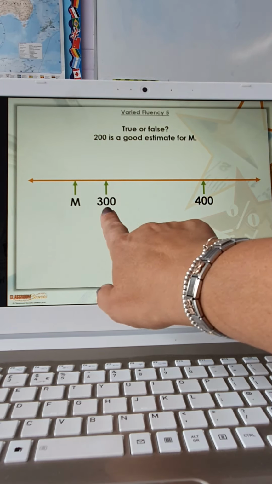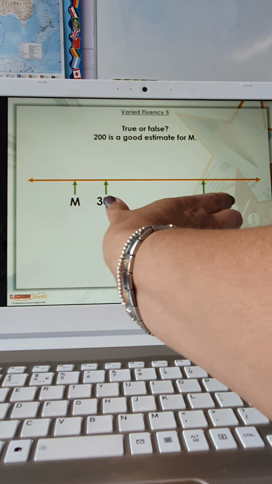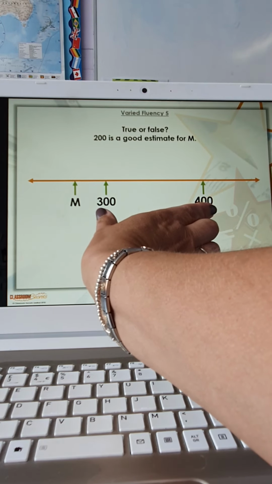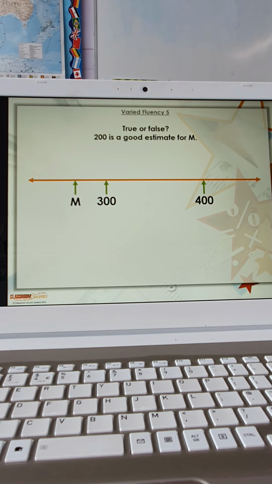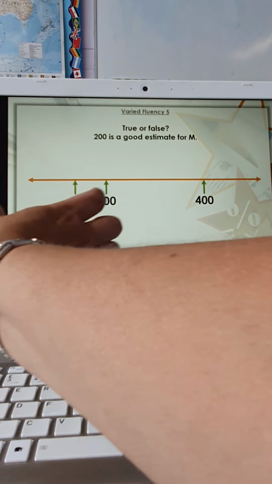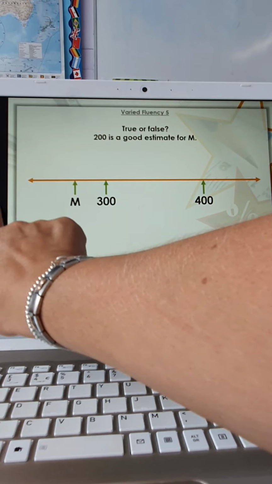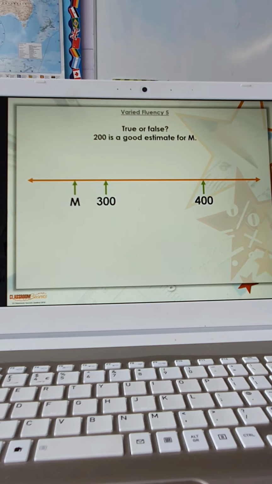So if 300 is here and 400 is there, then that amount of space on the number line shows us 100. So 200 would be that far below 300, so it would be about there. So M is not a good estimate for 200.